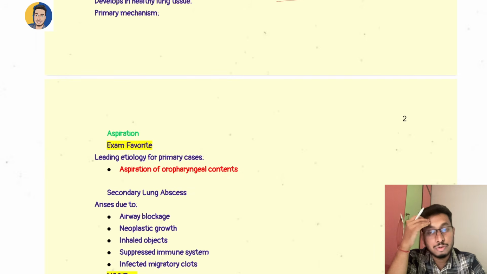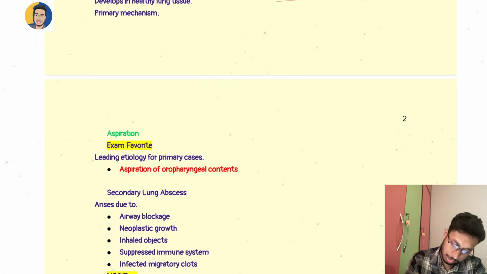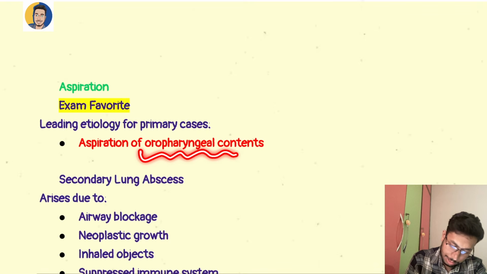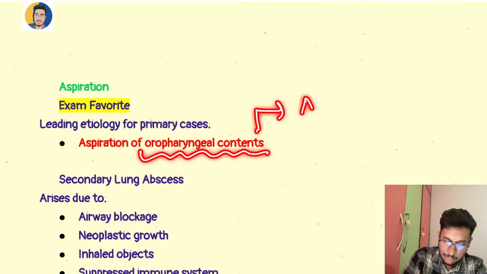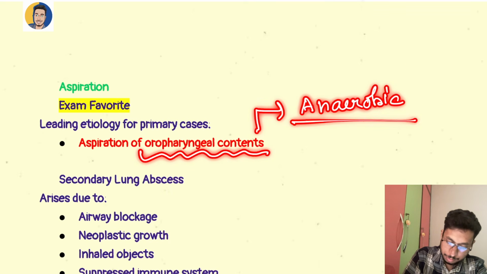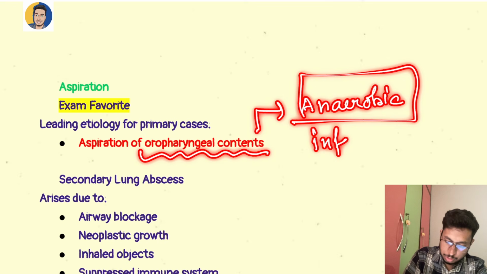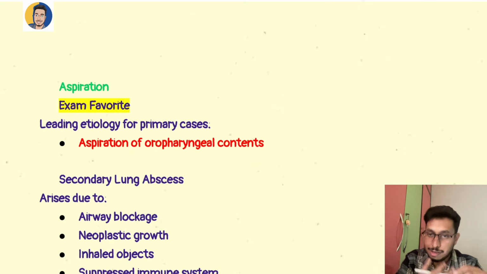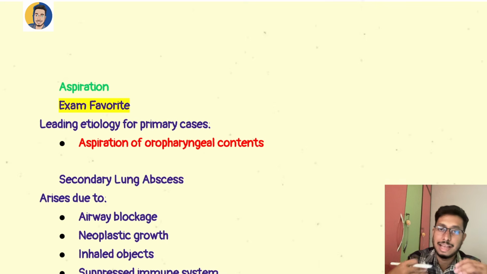If I ask you what the pathogen pattern will be in primary lung abscess: as these are oropharyngeal contents, they will cause anaerobic infection, because commensals in the oropharyngeal airway as well as the dental cavities and everything in the oral cavity are mostly anaerobes.